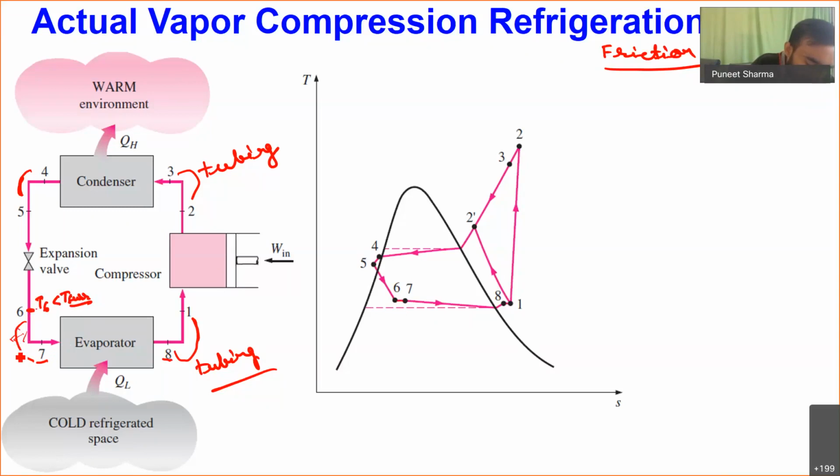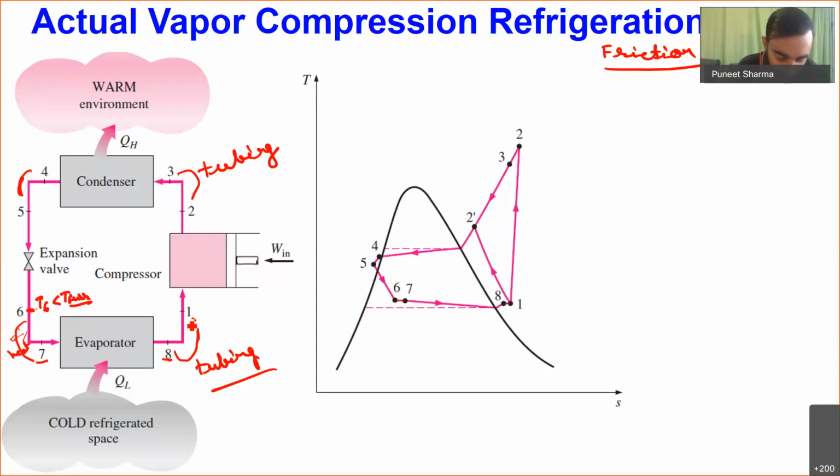Because of the unwanted heat addition, my point 6 will be shifted towards the right. If we are not having unwanted heat addition, then my refrigeration effect will be from 6 to 8. But if I am having this unwanted heat addition, my refrigeration effect will now be from 7 to 8. Okay, so this is one point.